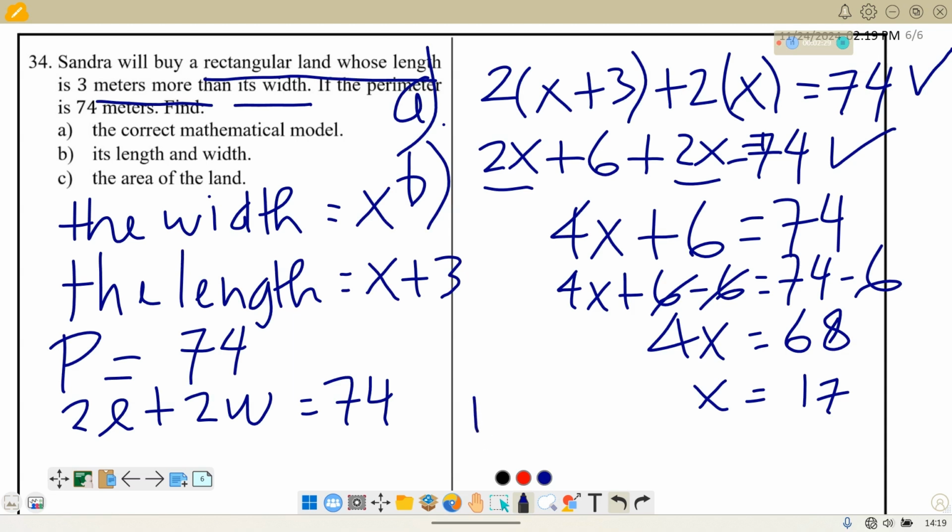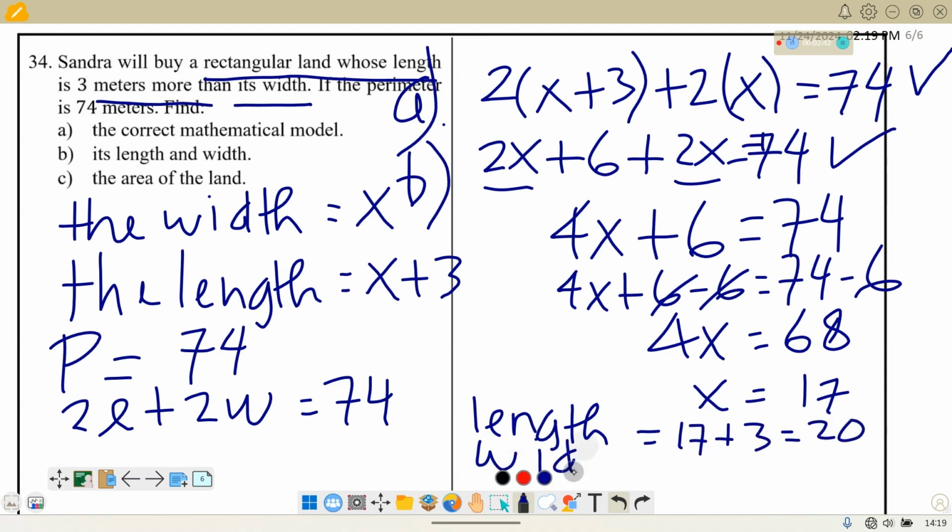So the length is x plus 3, so 17 plus 3 equals 20, and the width is x, so the answer is 17. The area means, wait a minute, we have no more space here.